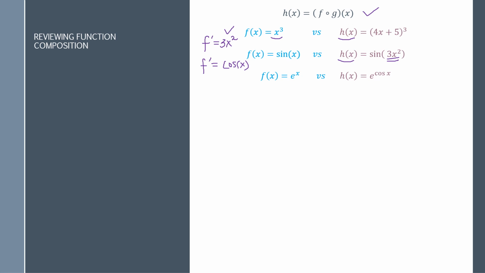And then the last pair that I wanted to discuss is the exponential. So f of x is equal to e to the x. And if you compare that to this function, h of x, where e is raised to the function cosine of x, these are different in which way? The exponent of my first function is simply x, while the exponent for the second function is a function of x.